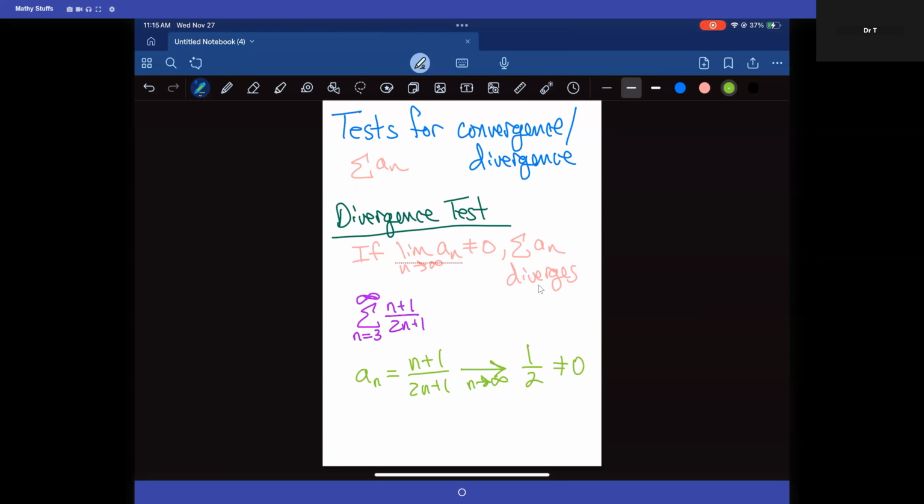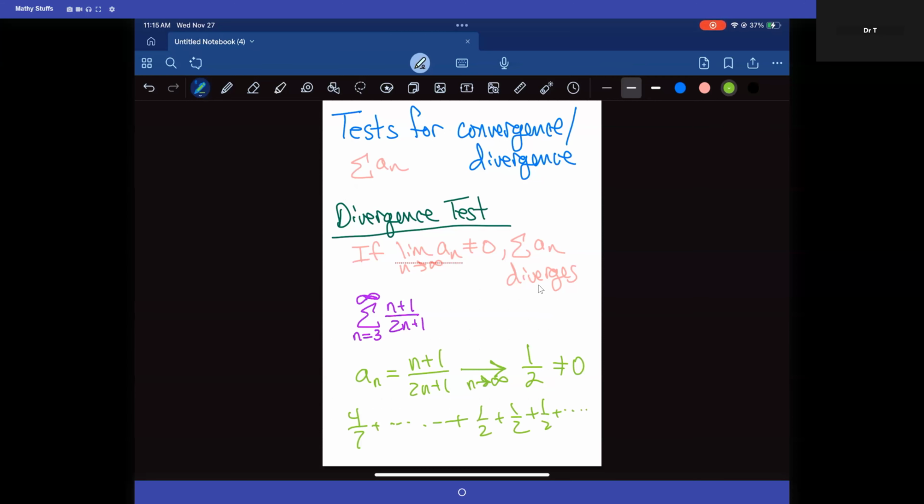So that means what this series looks like way out at the tail end. Our first term was 4/7, and then we had a bunch of stuff, but way out here, way, way, way, n is a billion, these things are almost a half. And I'm just adding a half plus a half plus a half over and over again.